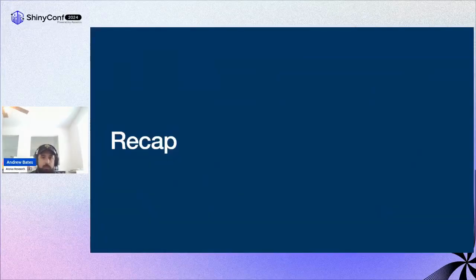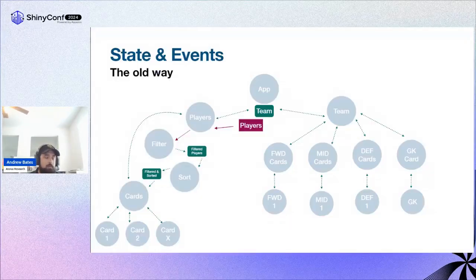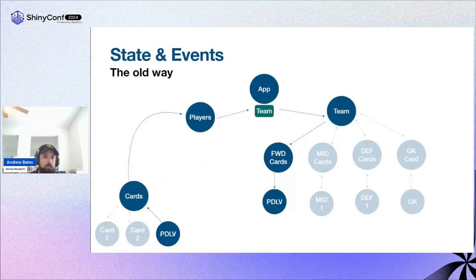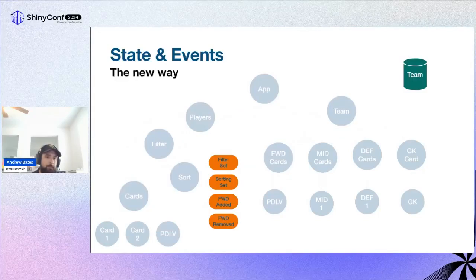So just a quick review of what we discussed so far. Initially, we had something like this, where state and events are both managed with reactive objects. To communicate across modules, we traverse up and down the module tree. But now state and events are independent of the application, independent of the structure of the application.